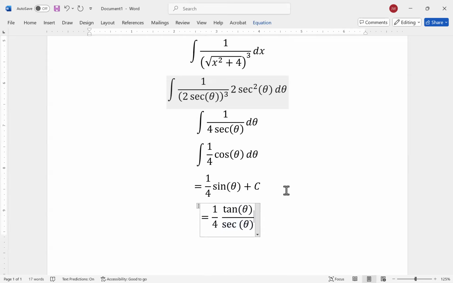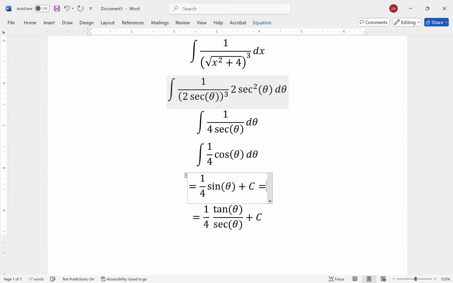Tangent divided by secant. Remember, tangent is sine over cosine. Secant is 1 over cosine. So the cosines would cancel out. Hopefully that makes sense.